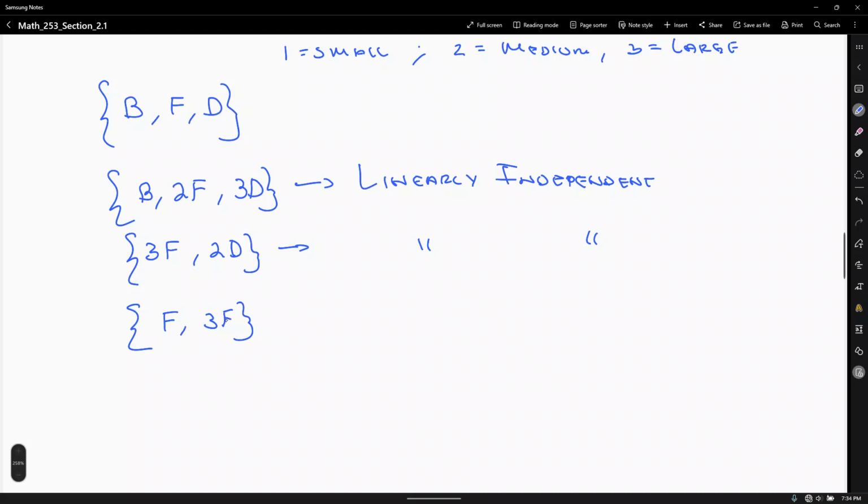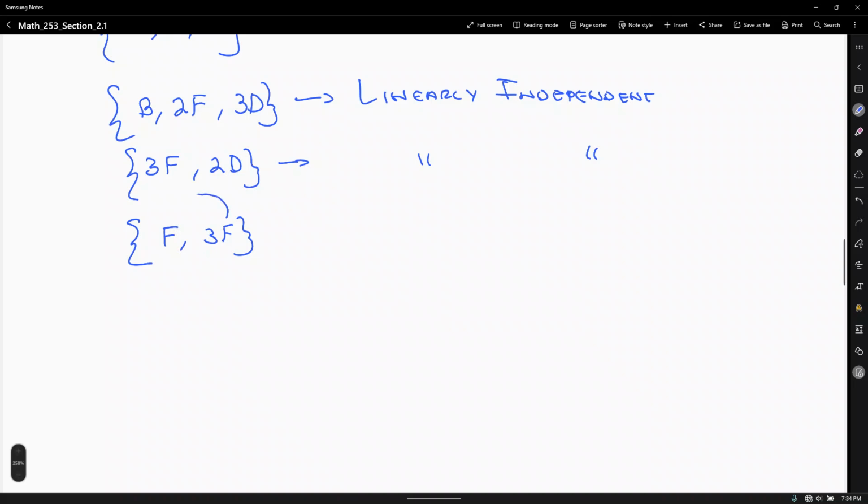Well, in this case, what do we have? One of the vectors at the fast food chain will be a constant multiple of the other. This makes this set of vectors linearly dependent.